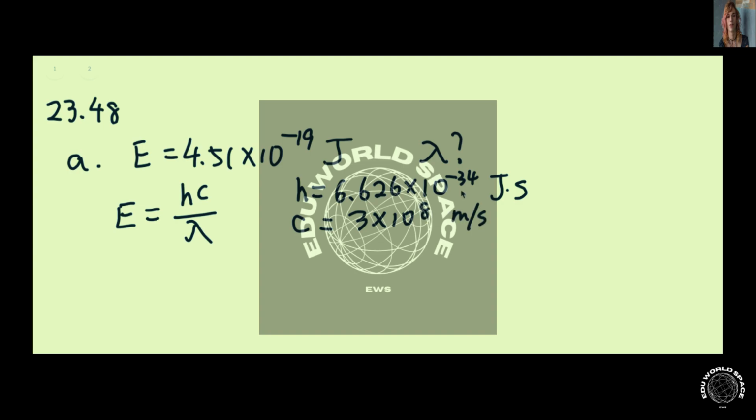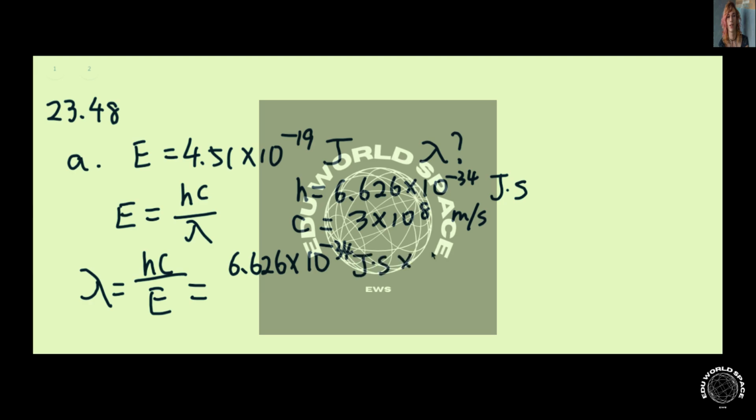Alright, so we substitute these values into the equation and calculate the wavelength of the photon. That will equal hc divided by E. That is equal to 6.626 times 10 to the negative 34 joule seconds times 3 times 10 to the 8th meters per second, divided by the energy, which is 4.51 times 10 to the negative 19 joules.